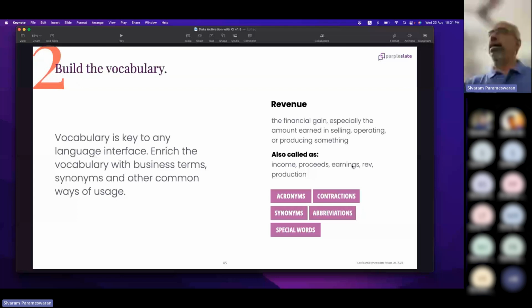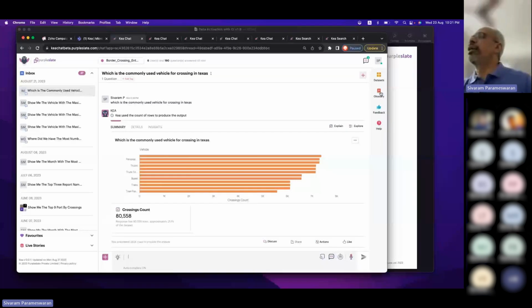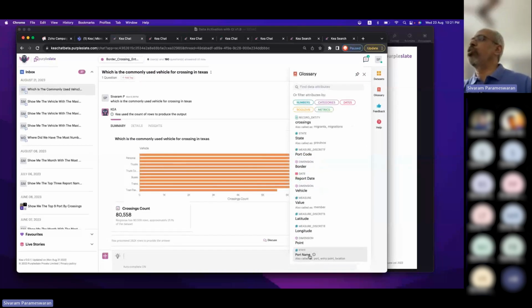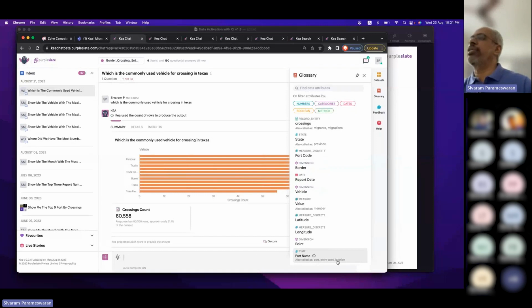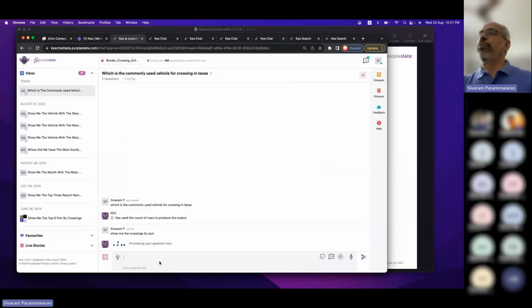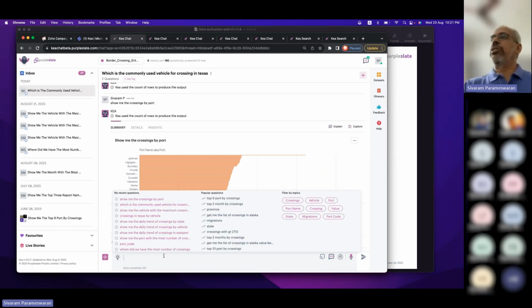Let me give an example here. You can see that it's a value, also called a member. Say, for example, there is an attribute called port name. So I can ask about port or entry point, or I can even ask this same question by port.